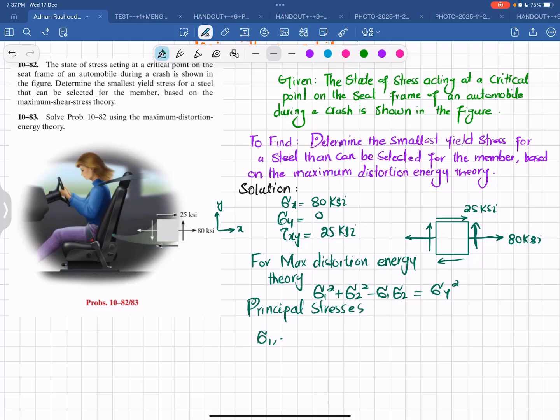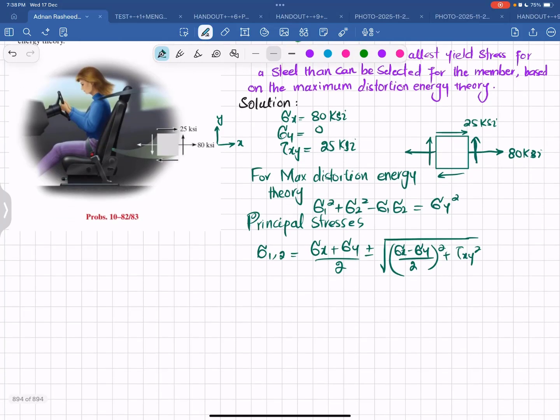We know that sigma 1,2 is equal to (sigma x plus sigma y) divided by 2, plus or minus the square root of ((sigma x minus sigma y) divided by 2) whole squared plus tau xy squared. We will put the values. Sigma x is 80 plus 0 divided by 2, plus or minus the square root of ((80 minus 0) divided by 2) whole squared plus 25 squared.